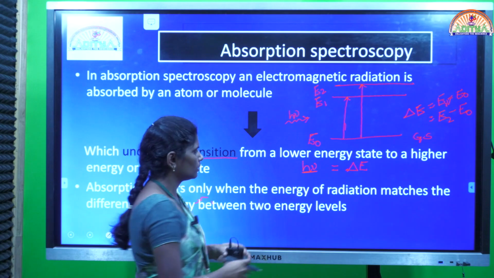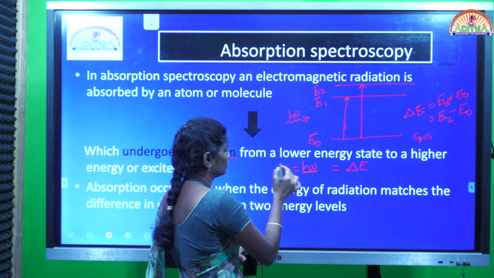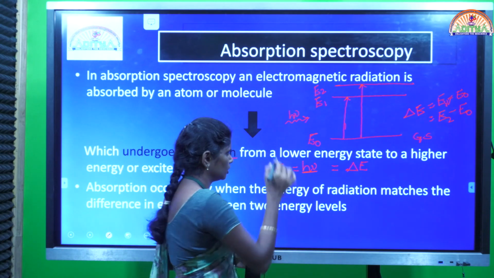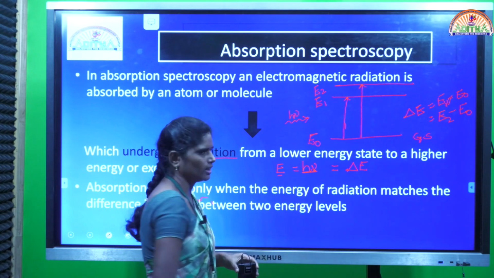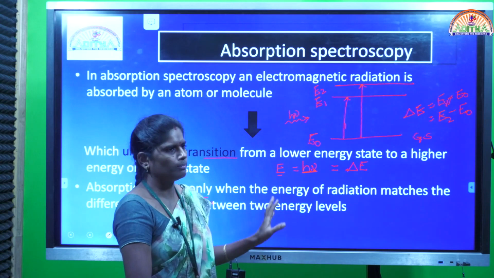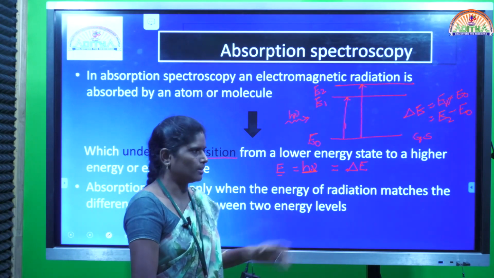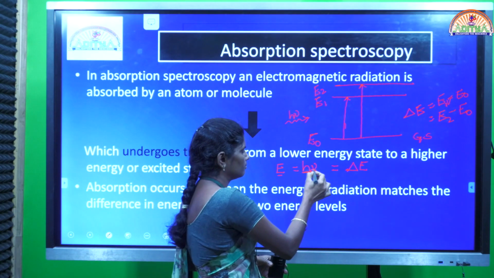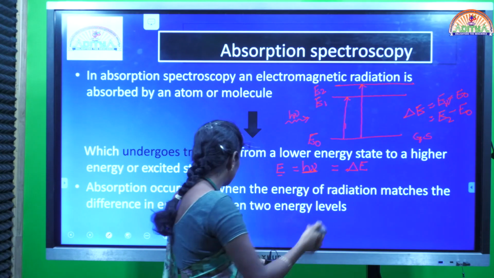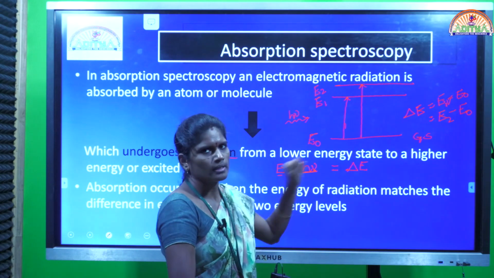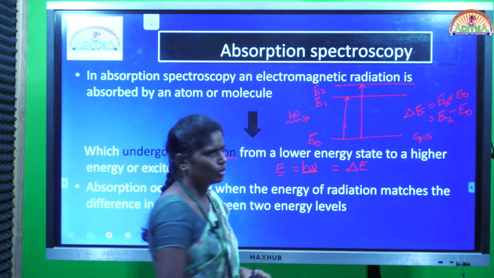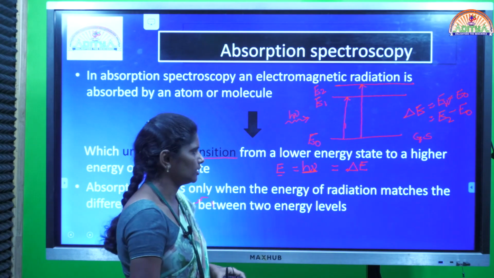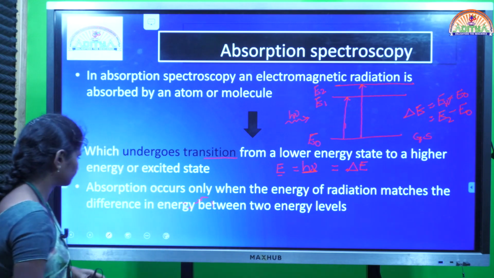So h nu represents the energy of the electromagnetic radiation, where the energy is proportional to the frequency of radiation, multiplied by Planck's constant, which gives you the energy of EMR. When this EMR energy matches exactly with the energy difference between the higher and lower energy level, the absorption process will take place.